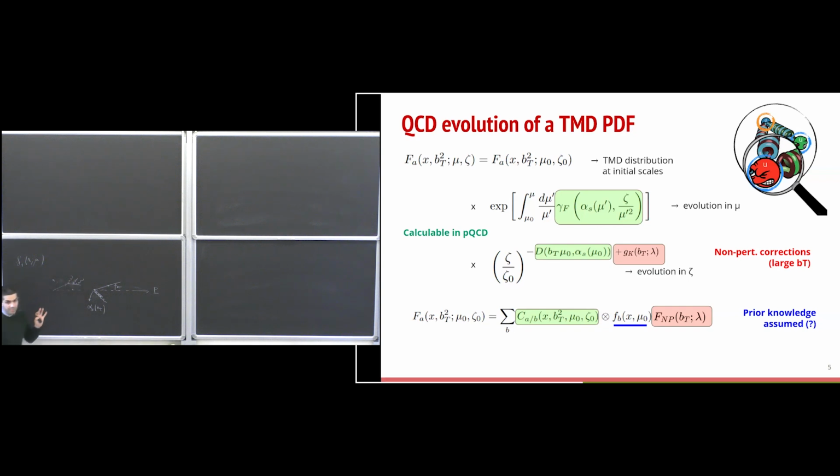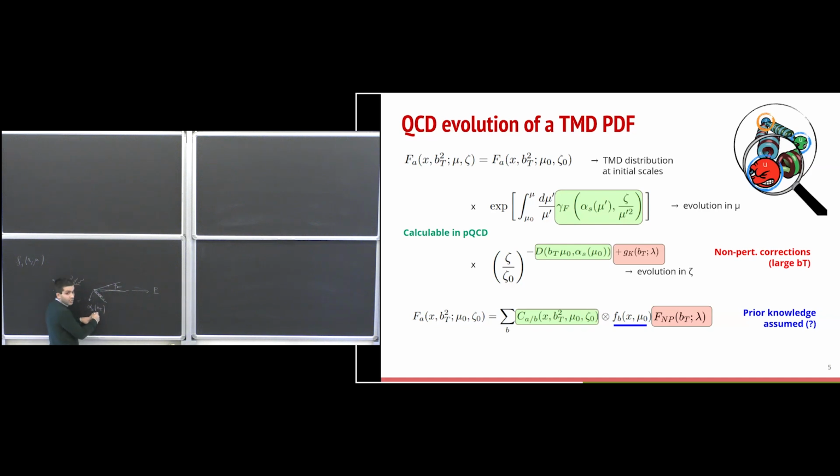okay, naively speaking. So what happens is that if the KT is large, so if the gluon gives a hard kick to the quark, then this transverse momentum is perturbative because alpha strong is small, okay? So the only non-perturbative process is the motion of the quark along this direction, which is described by the collinear PDF.